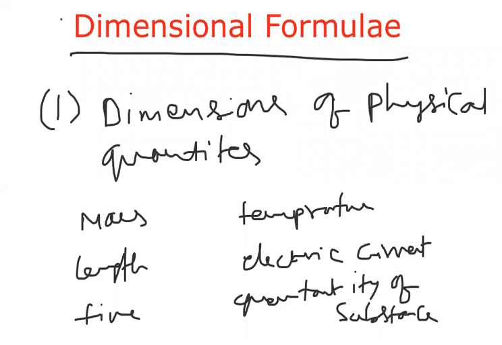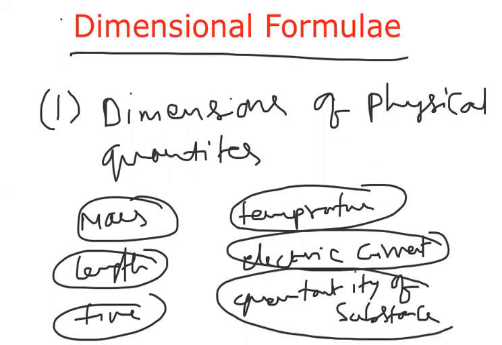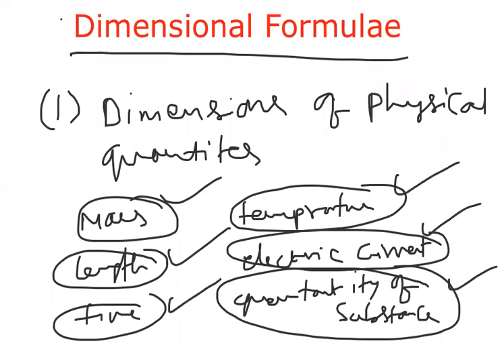So what are we using? Mass, length, time, temperature, electric current, and quantity of substance. Generally we use these when discussing fundamental quantities, and these are the ones we connect to dimensional formulas. Now observe carefully.